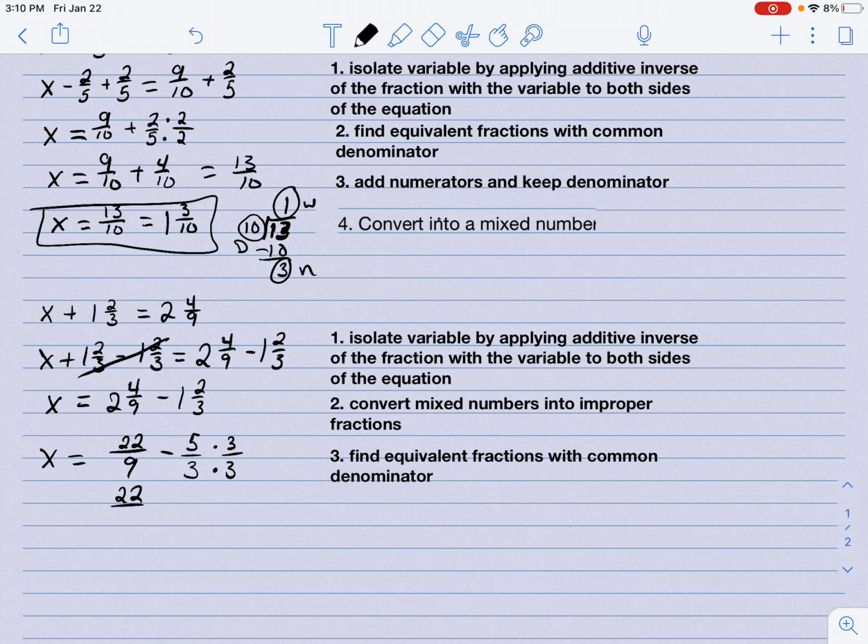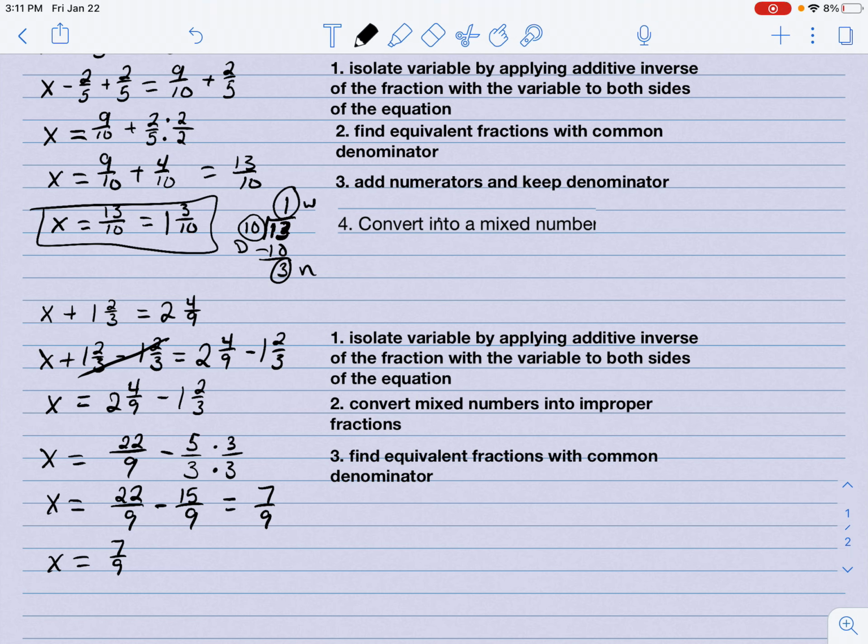So this will be 22/9 minus, 3 times 5 is 15, 3 times 3 is 9. Okay, so now all that's left is we have to subtract our numerators. 22 minus 15, that's going to give us 7. So x equals 7/9.